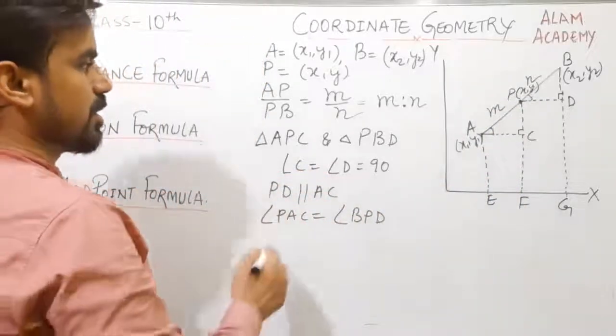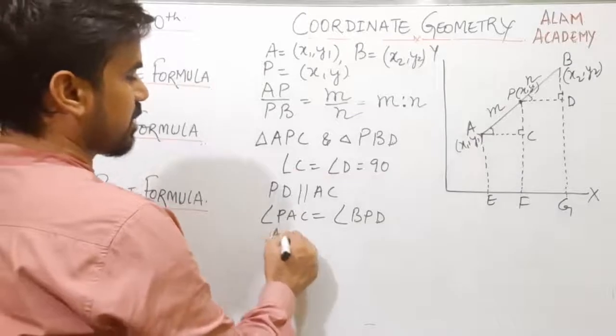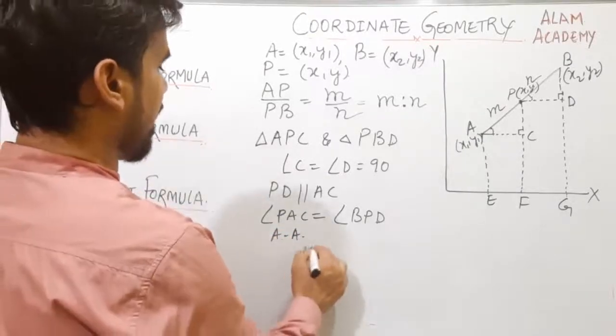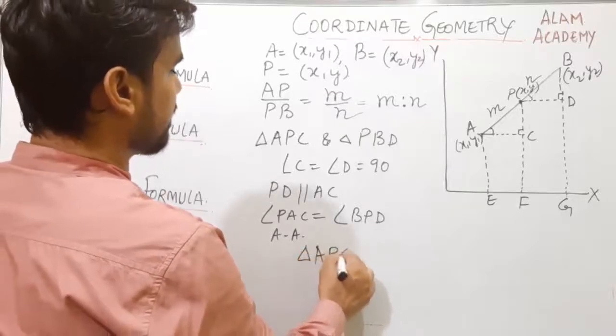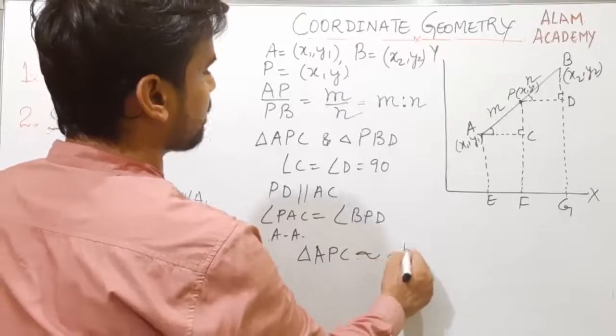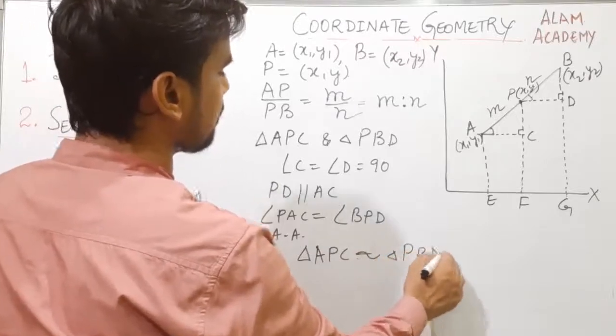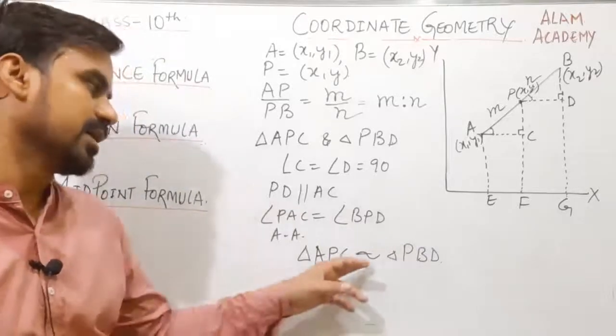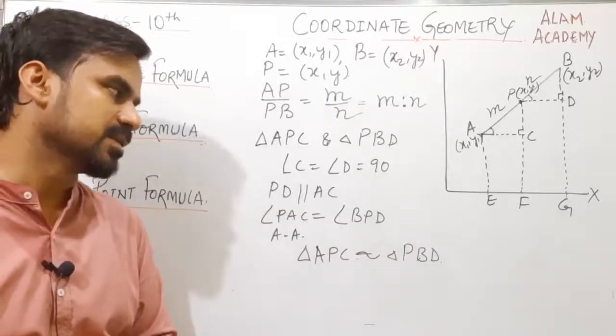So now angle similarity: triangle APC is similar to triangle PBD. Due to angle similarity, these two triangles will be similar to each other.